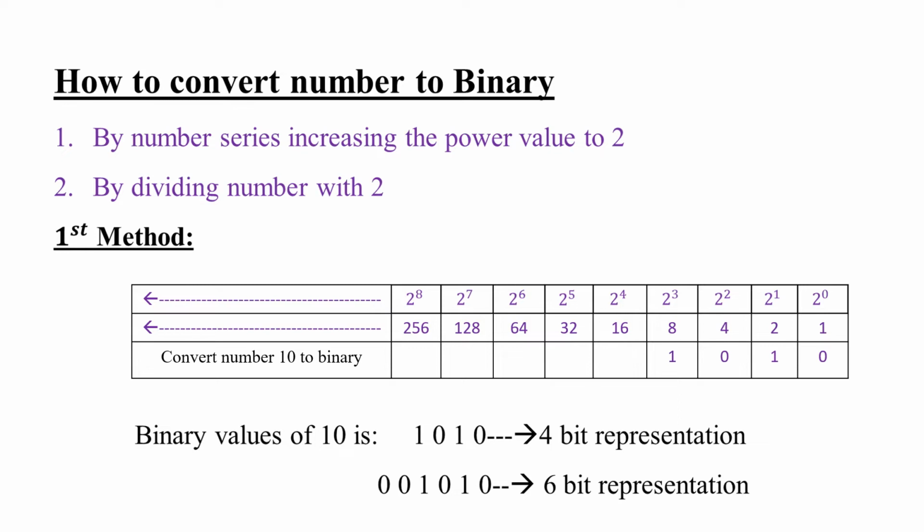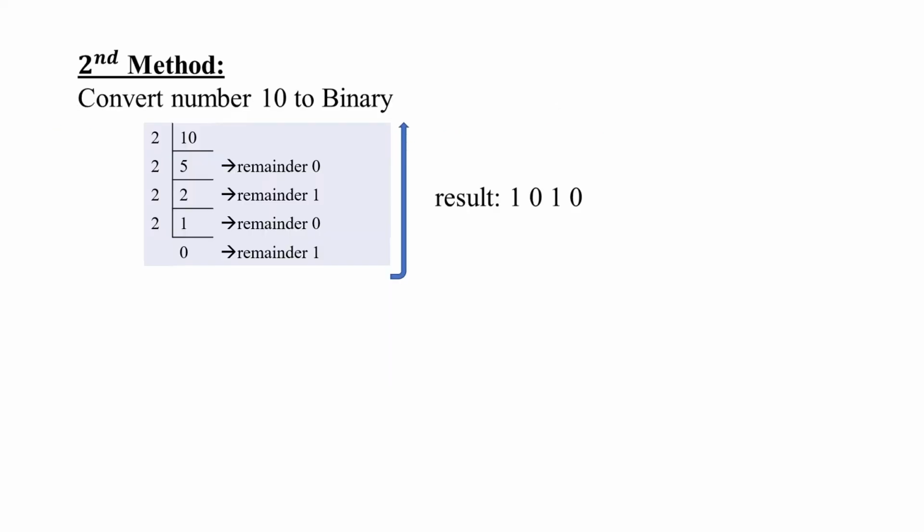This 1010 is a 4-bit representation. If you want to write it in 6-bit representation, I will add 2 zeros at the left end. If we want to write it in 8-bit representation, the remaining 4 digits we have to fill with zeros at the left end. This is one of the methods to convert a number to binary format.